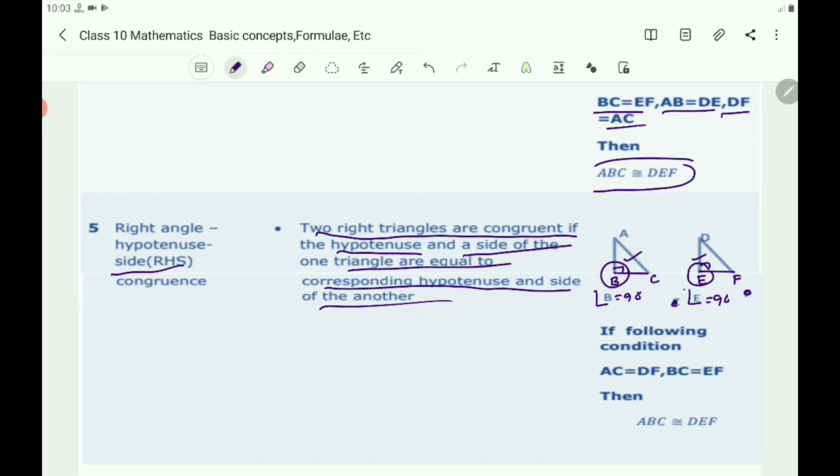They become congruent if the hypotenuse, that is AC, equals DF. The hypotenuse is the side opposite to the right angle. AC equals DF and any one other side: BC equals EF or AB equals DE. Then these two triangles become congruent.